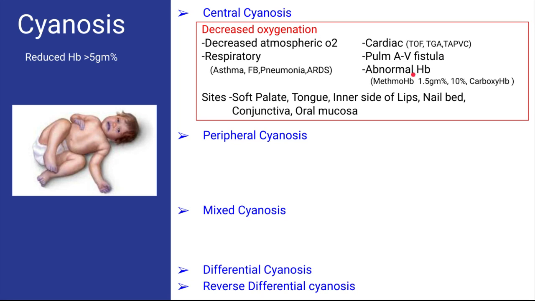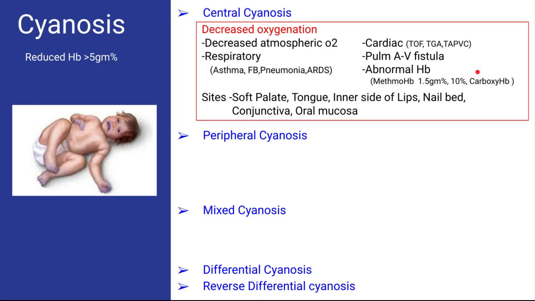And the last cause is abnormal hemoglobin like methemoglobin, which is a form of reduced hemoglobin, and a level of methemoglobin of more than 1.5 gram percent or 10% of the total hemoglobin can lead to central cyanosis. Similarly, carboxyhemoglobin in carbon monoxide poisoning or sulfhemoglobinemia can also lead to central cyanosis.